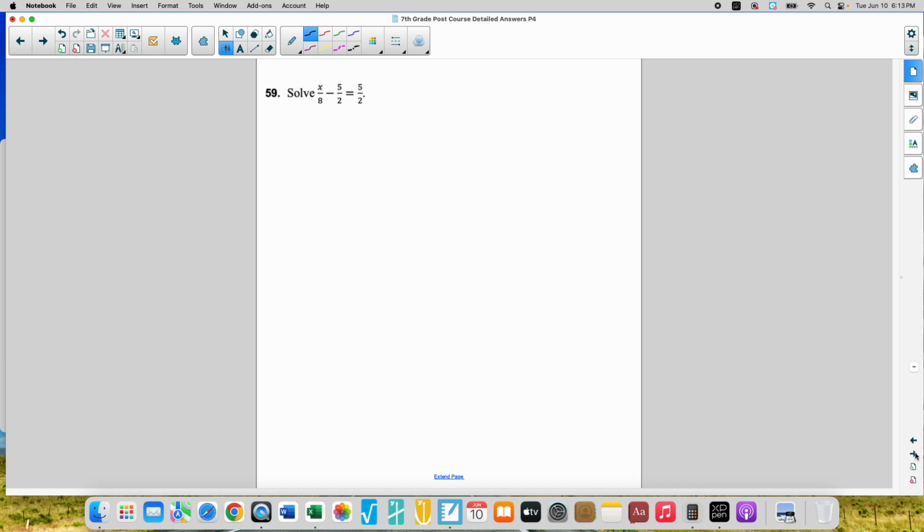Last problem. Here we go. This is completely different. There are lots of different ways we can do this problem, and I'm going to do it the most efficient way. I'm going to get rid of these fractions. The denominators are 2, 2, and 8, so I'm going to multiply everything by the common denominator, 8, to write an equivalent equation.